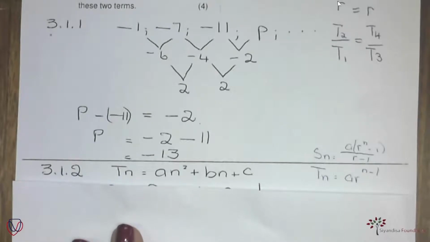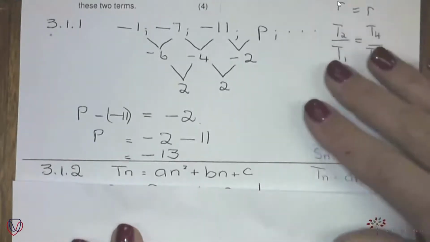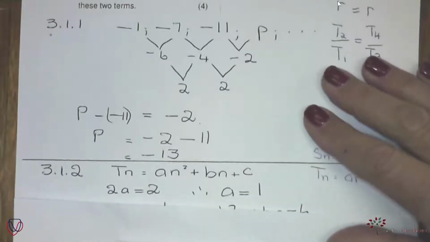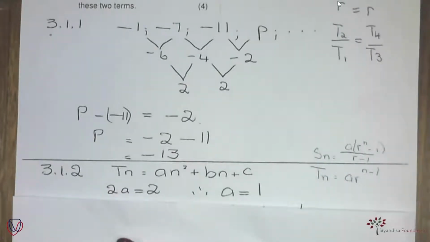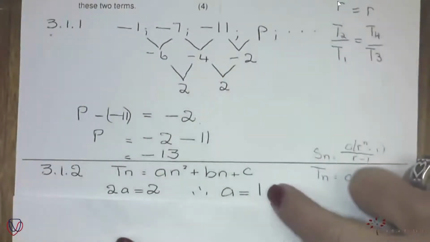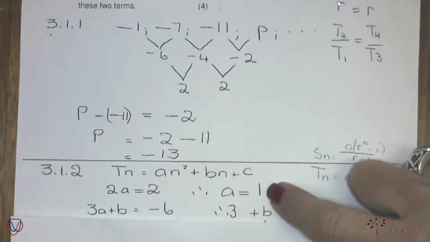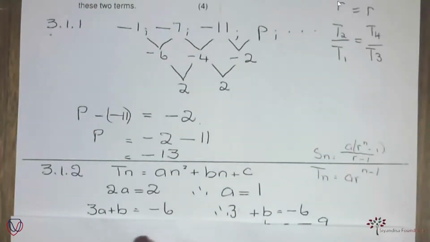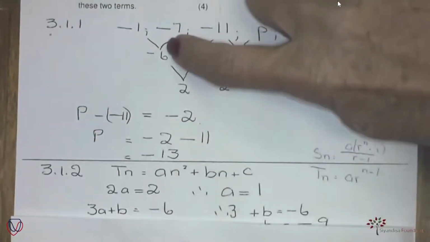Now, people, you've done this in grade 11. I'm going to rush through this one because it's not difficult. You've got a formula with which you can determine your A, your B, and your C. For A, you say 2A is equal to the second difference. So A is 1. Then for B, you say 3A plus B is equal to the first difference. It's negative 6.